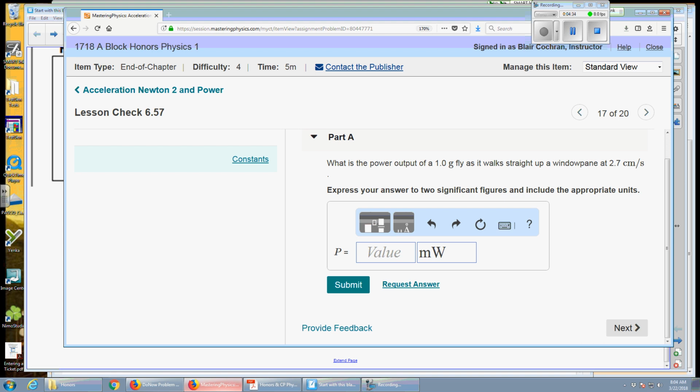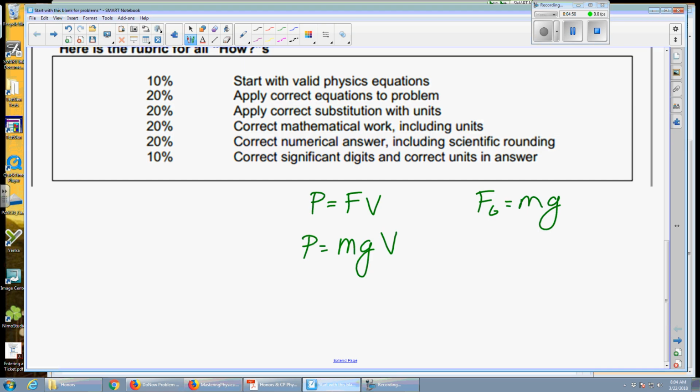So, he has a mass of 1 gram and walks at 22.7 centimeters a second, so they're messing with me unit-wise a little bit, but I can do conversions in my head. So the power is just going to be that mass in kilograms.